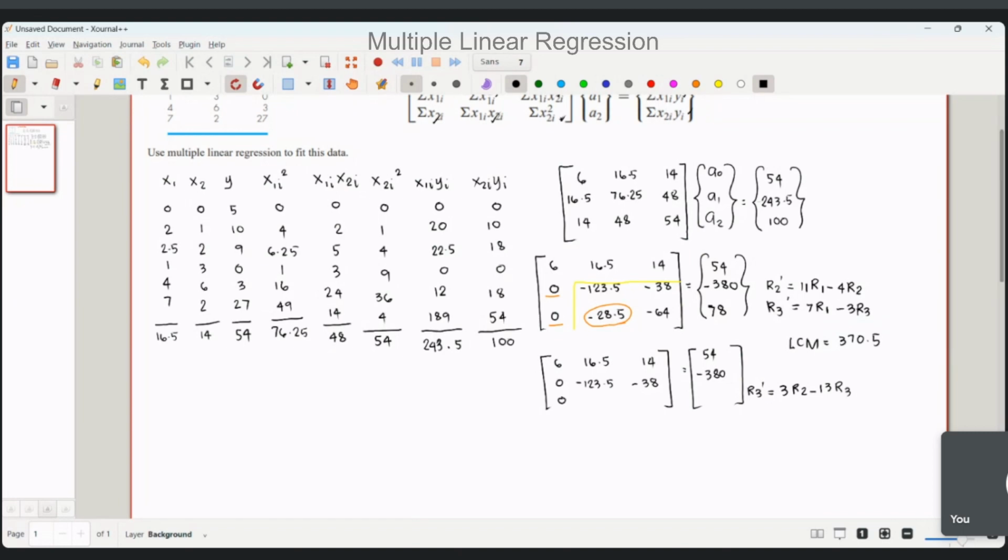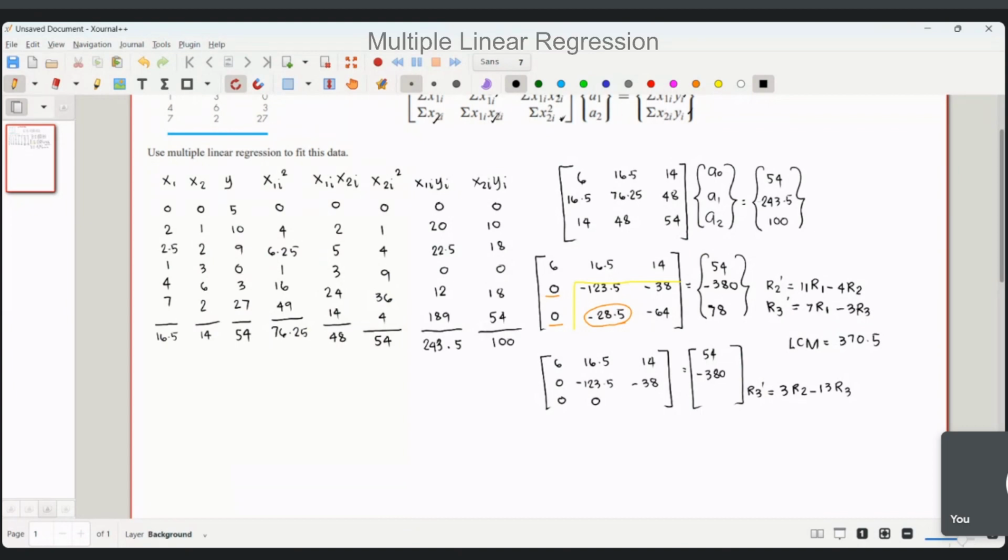Okay. So, 0, 0. We have our R2 as negative 38. And our Y, that's negative 64.